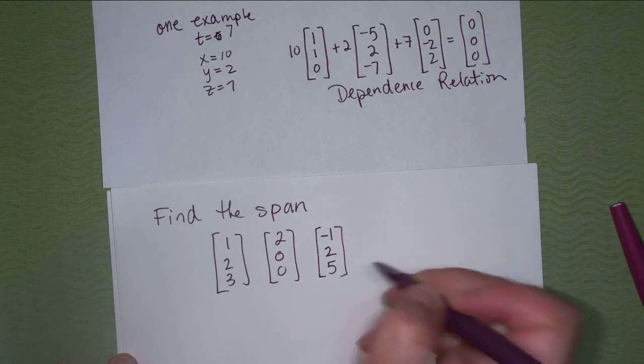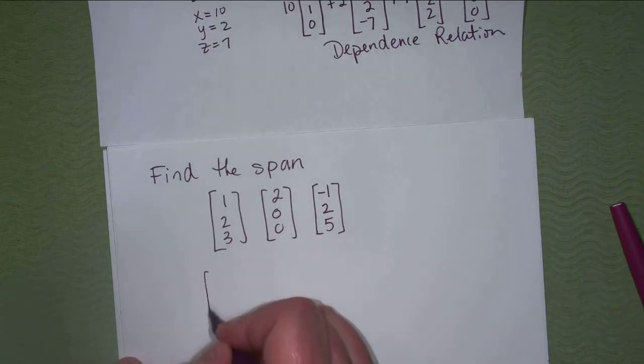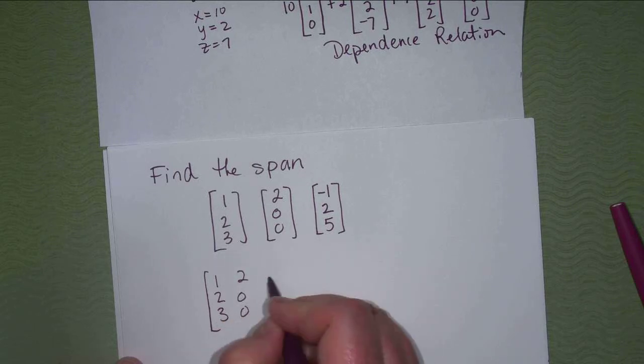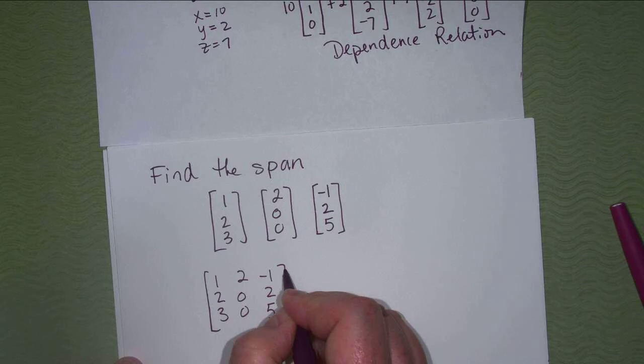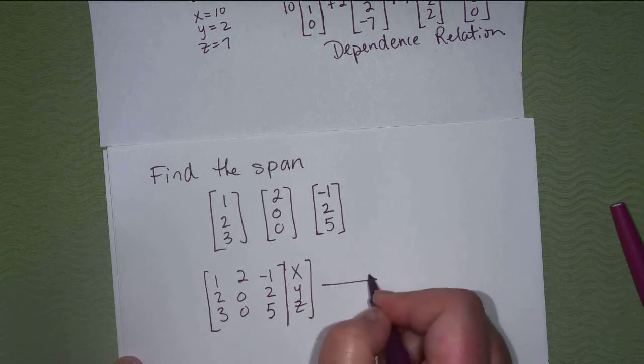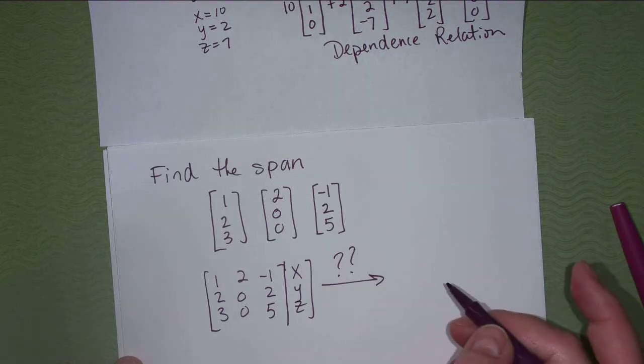I don't know what they're actually going to row reduce to, okay? But say we put those in, with your x, y, z. I don't know the exact answer, so just don't say that this is true.